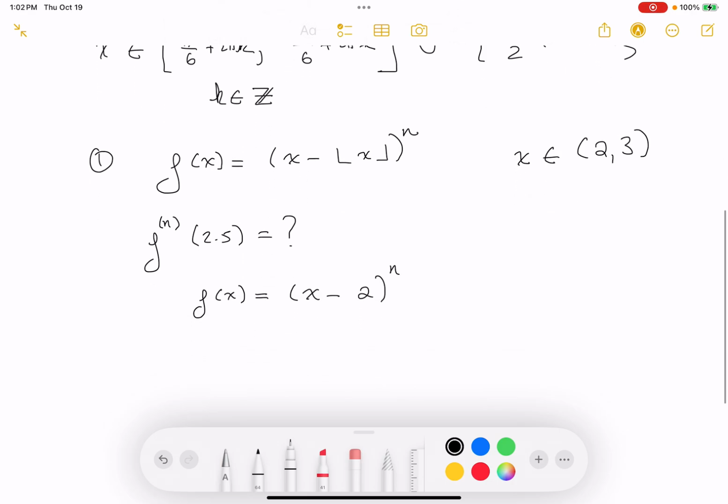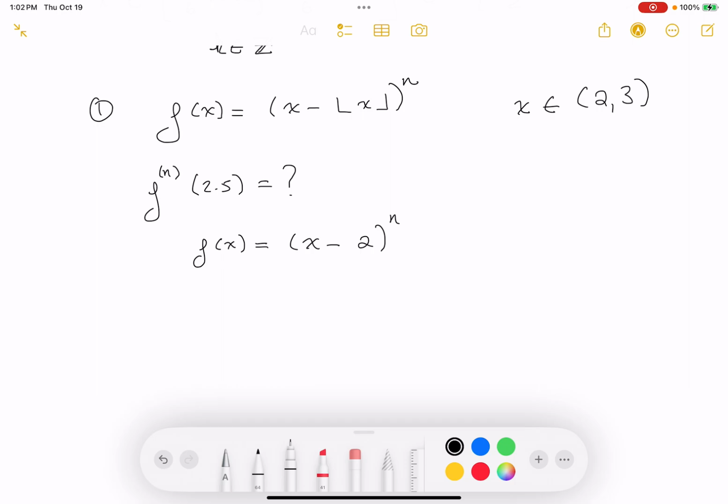So then the question is, you've got to get this nth derivative thing, and I'll go through that. We'll do one derivative at a time. So I'll put the first derivative down. That's f prime. And I can't do n, but I can get a pattern for it. This will be n times (x minus 2) to the n minus 1.